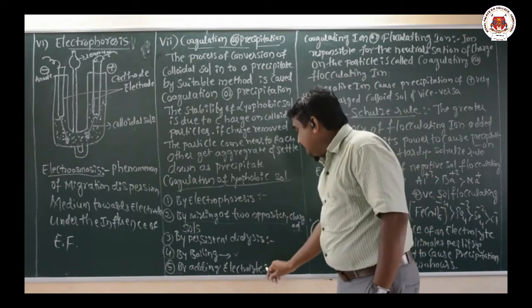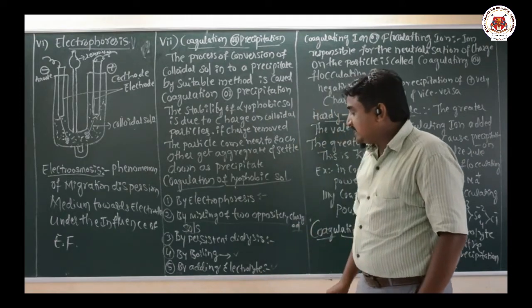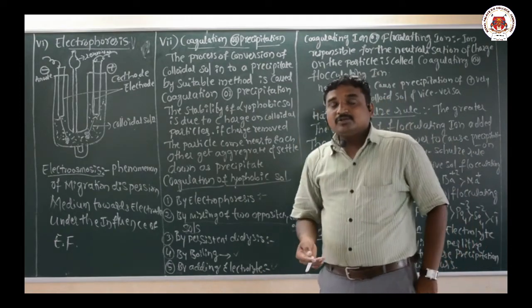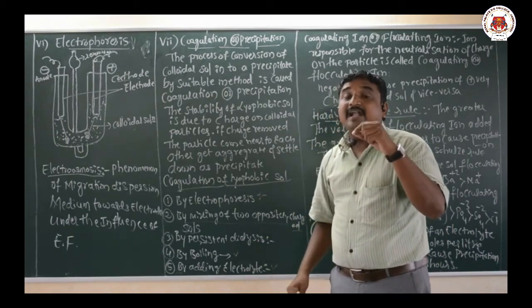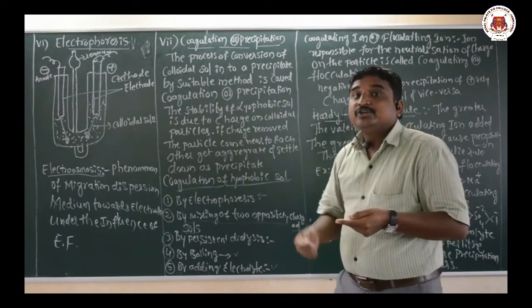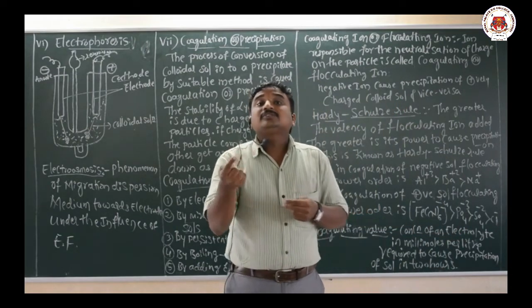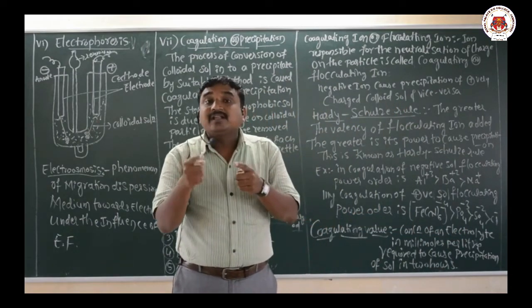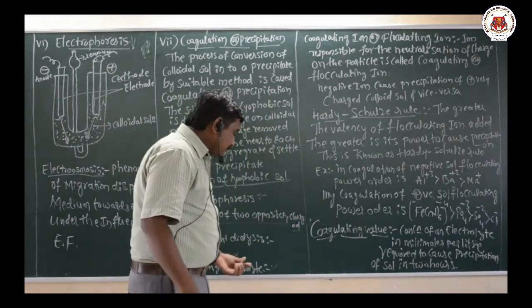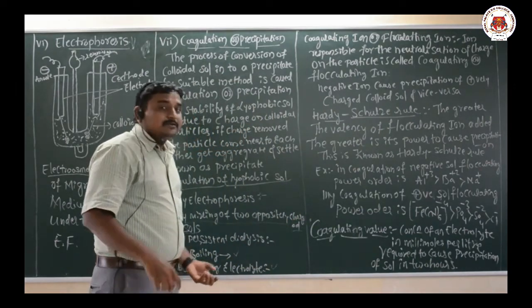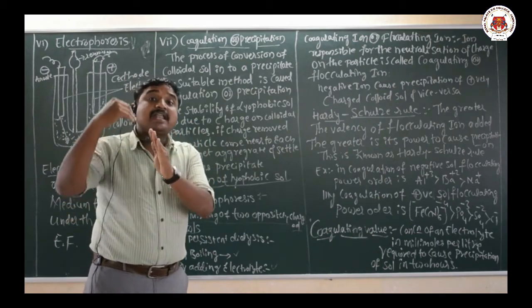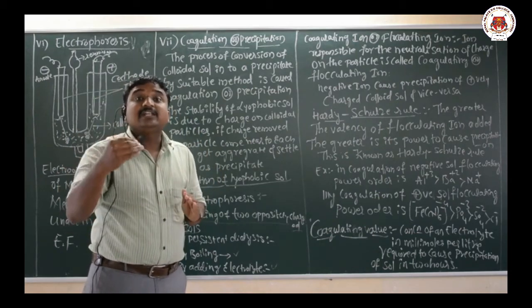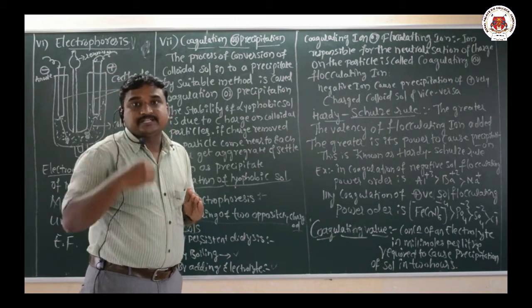Now the fifth method is by adding an electrolyte. Here we add an excess of electrolyte carrying the opposite charge to the colloidal solution. Suppose the positively charged colloid is there, we add an excess of negatively charged electrolyte.